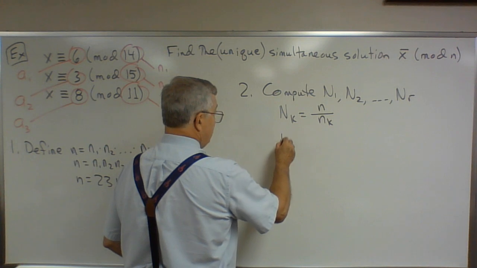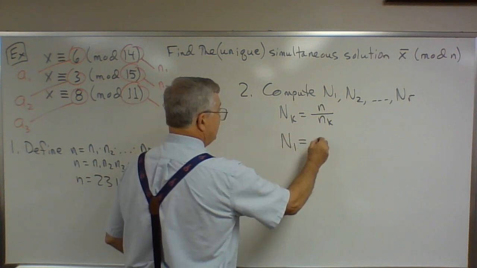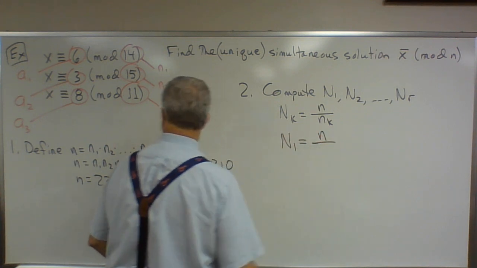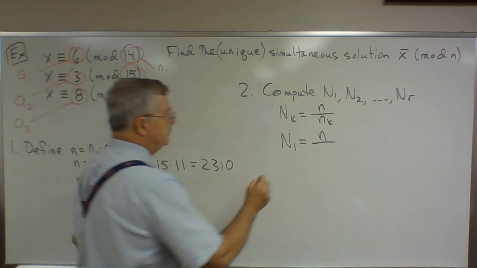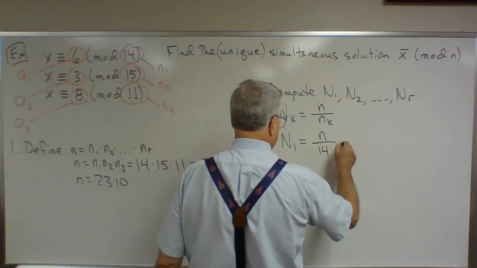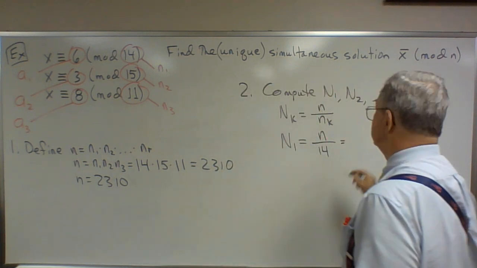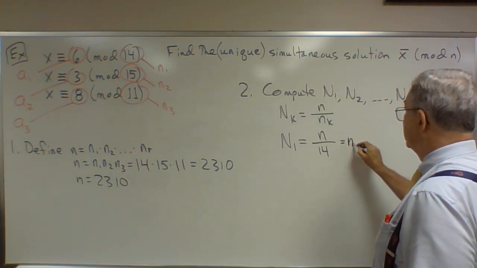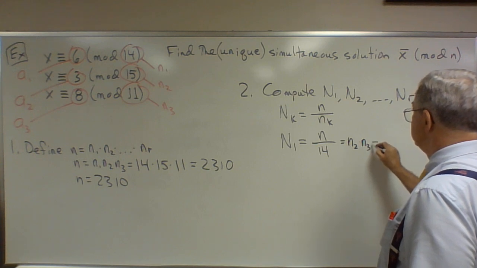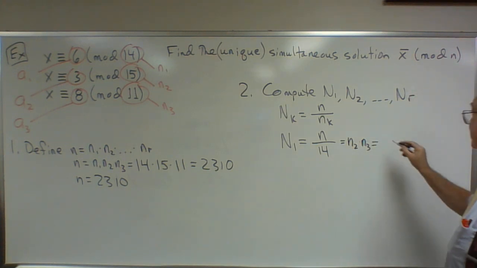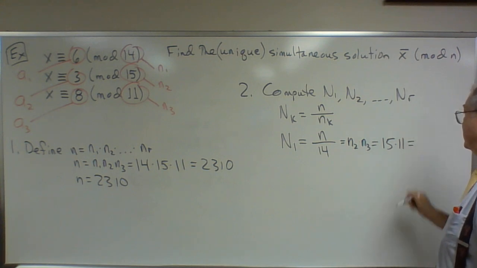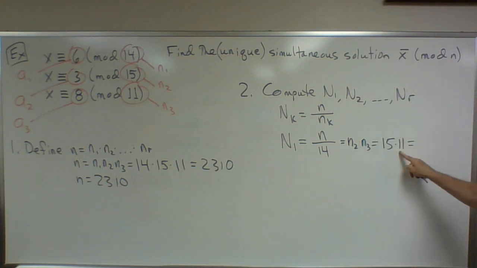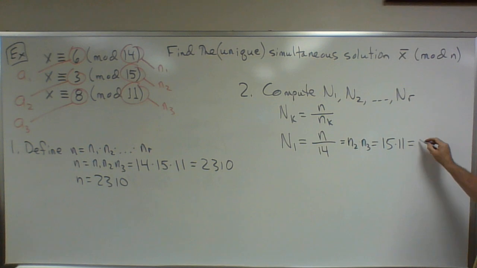So let's see, capital N sub 1 is going to be n over n sub 1, which is 14. That's also going to be n2 times n3. What is that? 15 times 11. 15 times 10 is 150. So one more 15 will give us 165.